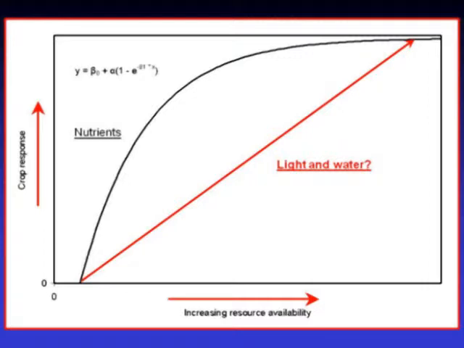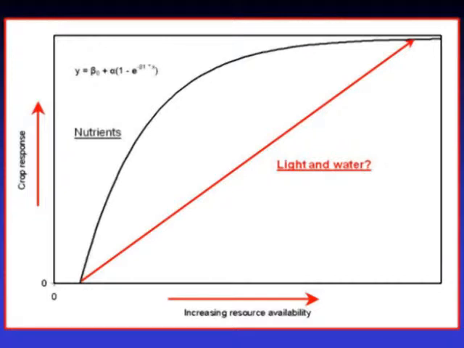That is, for every unit of light energy that the crop is able to absorb, you get a corresponding increase in yield. Now for water, we know that's not exactly right. If you give a crop too much water, it is going to die, right? If it has wet feet season long. But if it is actually able to use that water through transpiration, through photosynthesis, then you'd expect to get this same kind of response. And we'll look at that in a little bit more detail.